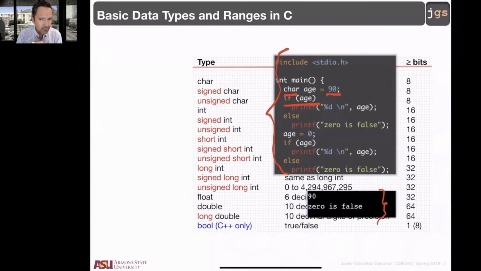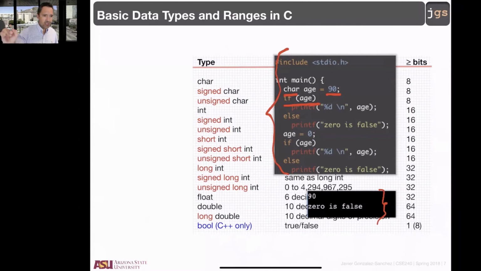Hopefully you agree with me, it's fine. Chars are numbers. You can store the 90 because the char is able to store 0 to 255. If age, the only possibility to be false is if age is 0, but any other number, as we mentioned before, is true.